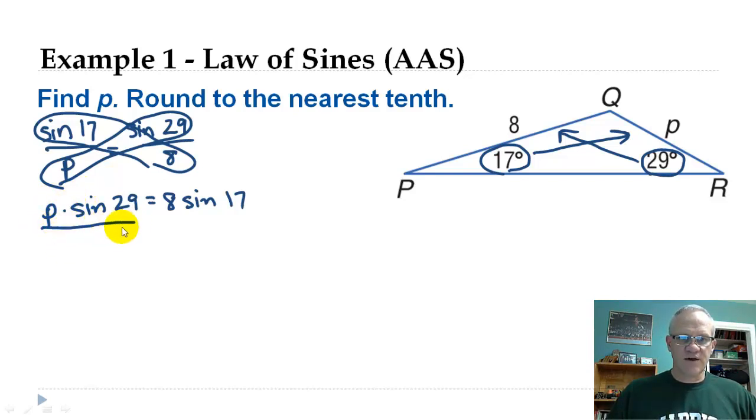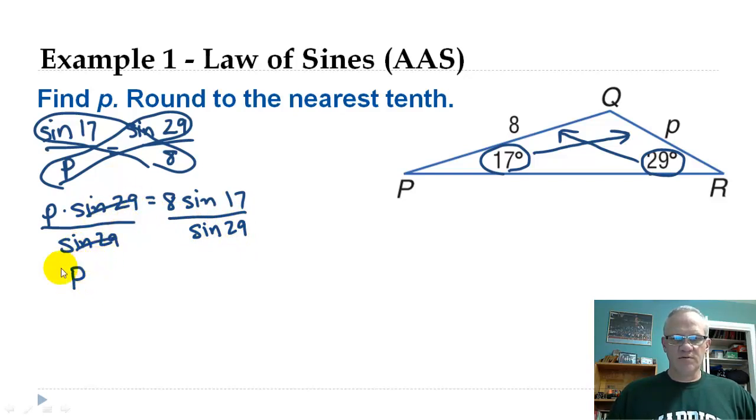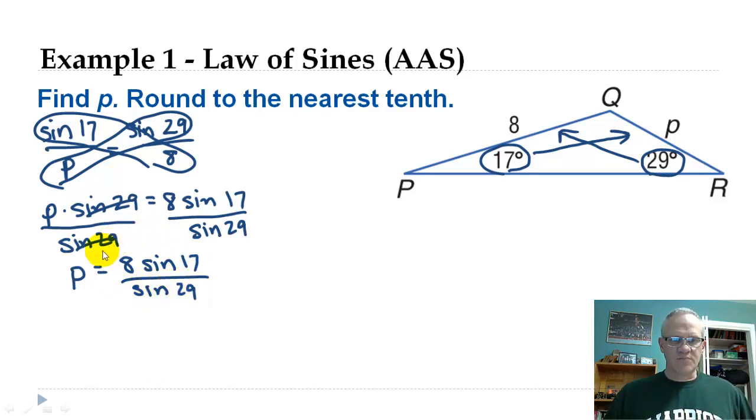So I'm going to divide by the sine of 29 on both sides. The sine of 29 cancels out, and so now I've got P equals 8 times the sine of 17 over the sine of 29. So I've got P by itself.